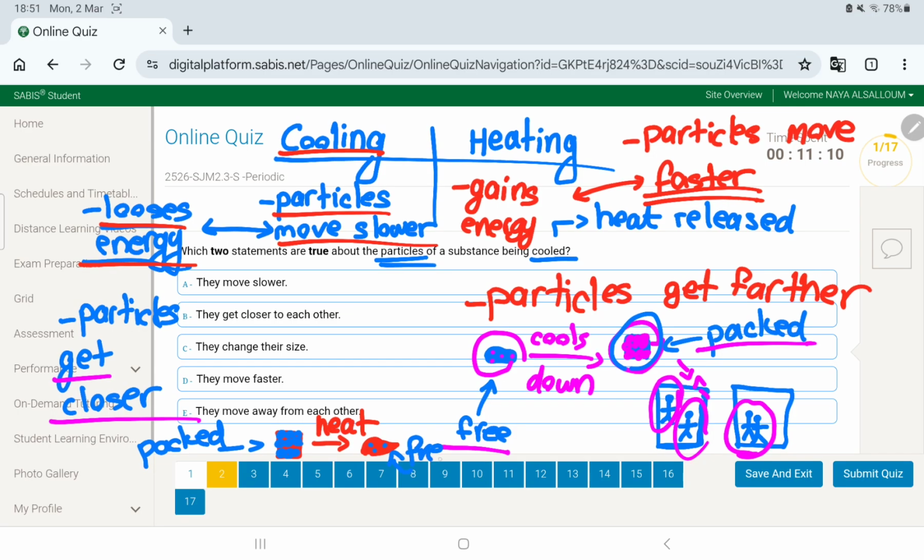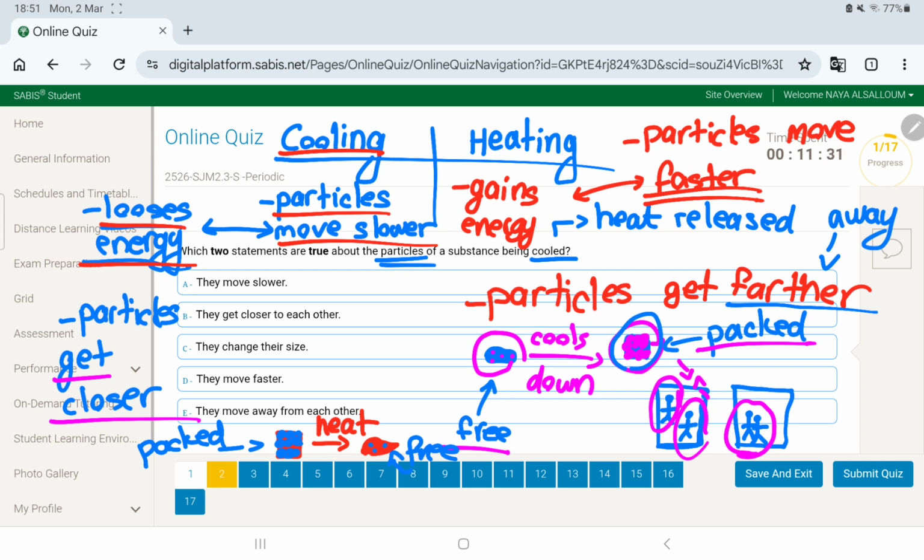So when something goes from being so tightly packed to just being more free, more away from each other, the particles are getting farther away. Okay?